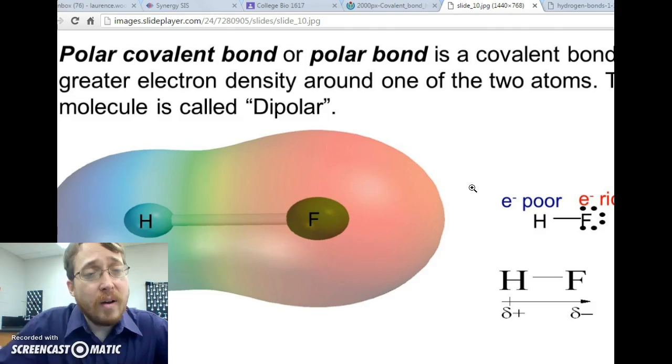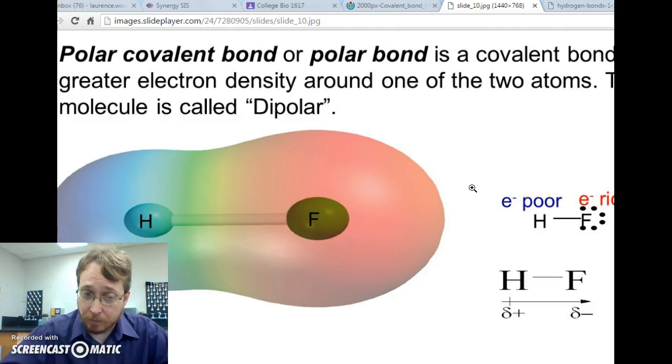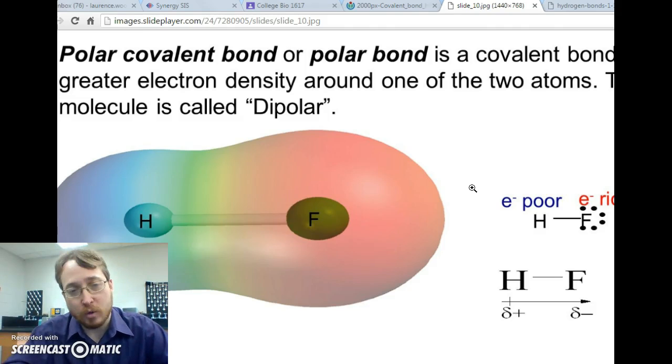We do have the sharing of electrons, but we have the uneven sharing of valence electrons to create a hybrid orbital that surrounds both of the atoms, which results in regions of positive charge and negative charge. Now, overall, this molecule is neutral because the charges even out. But regions in the molecule have partial charges.